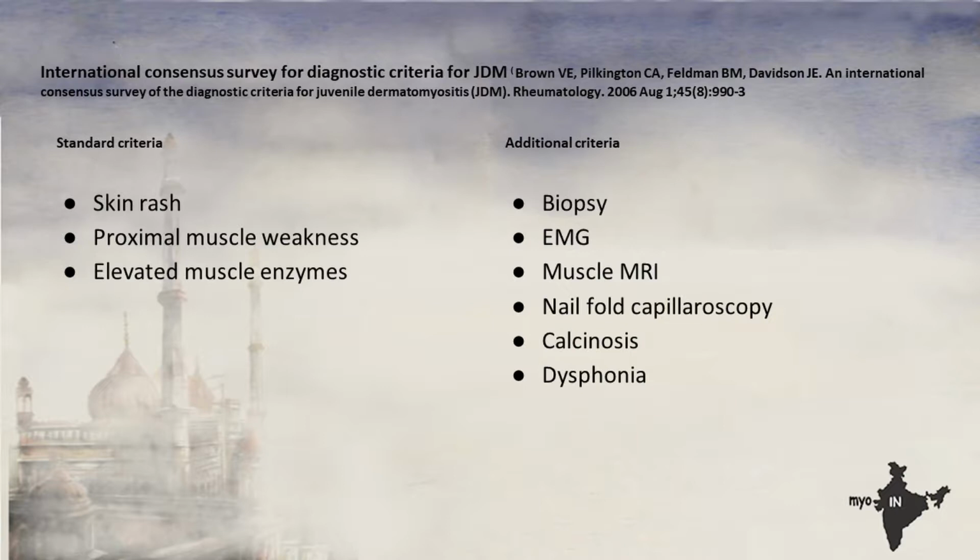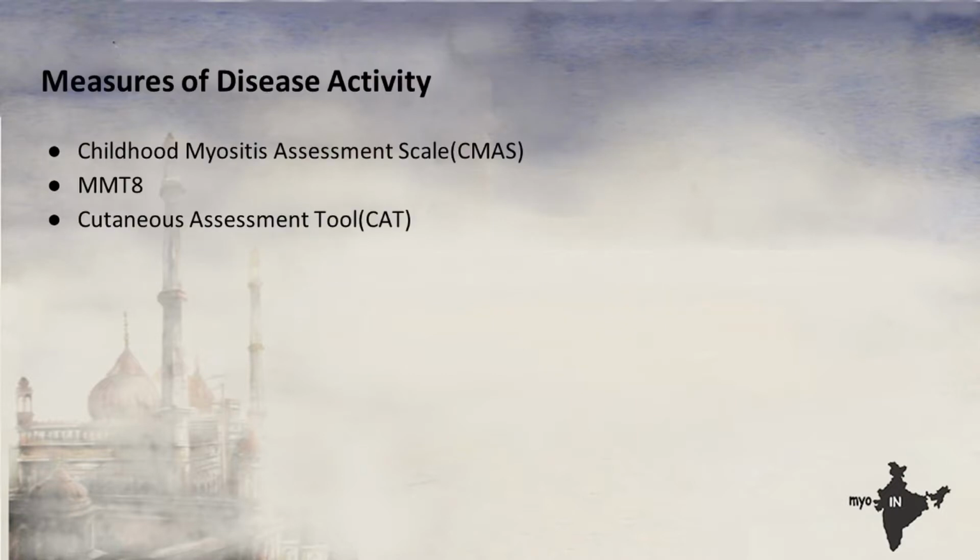So we have the International Consensus Survey for Diagnostic Criteria for JDM, which came up about a decade ago. Additional criteria were included, which included muscle MRI, ultrasound, and nail fold capillaroscopy, etc., which has given you an opportunity to do away with the need for biopsy in all patients.